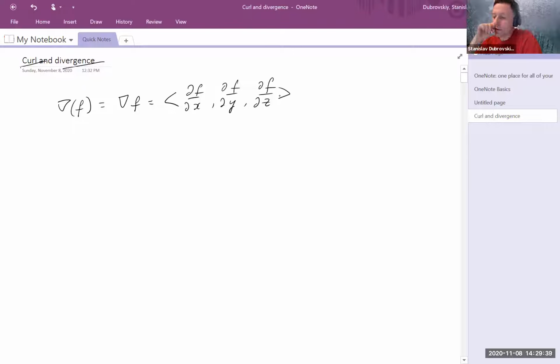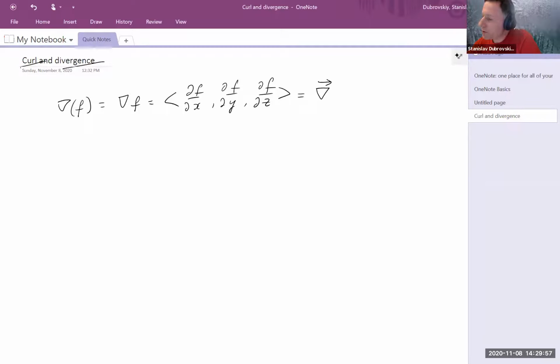So today we'll look at it in a little bit of an abstract fashion. We'll think of it as a vector. We'll understand gradient indeed as a vector, as I was occasionally drawing an arrow on the top.